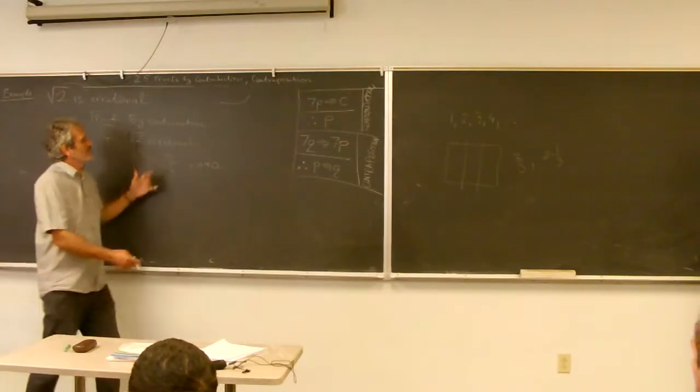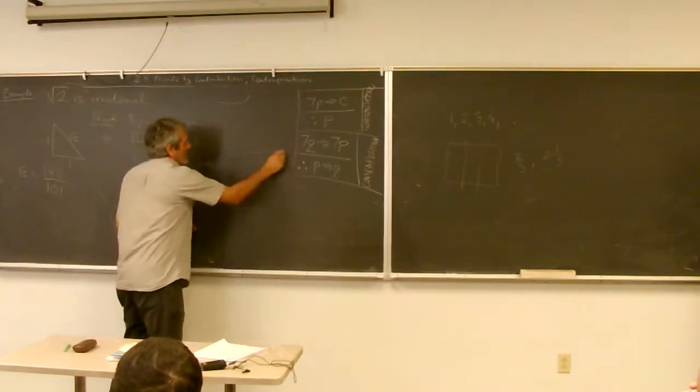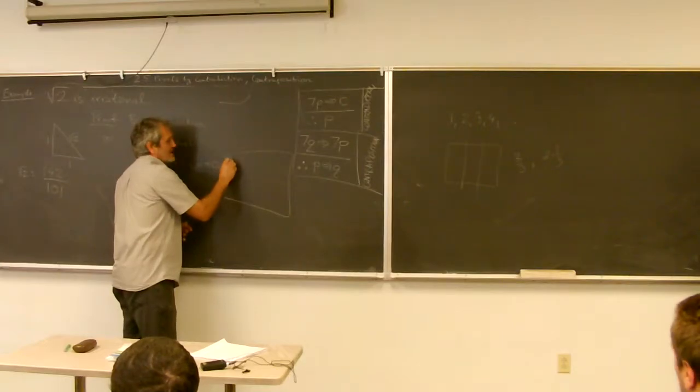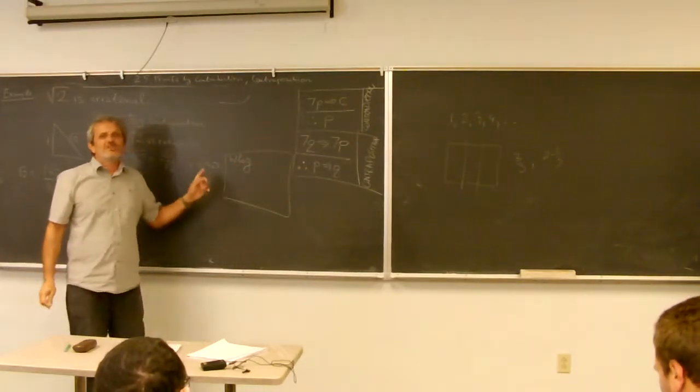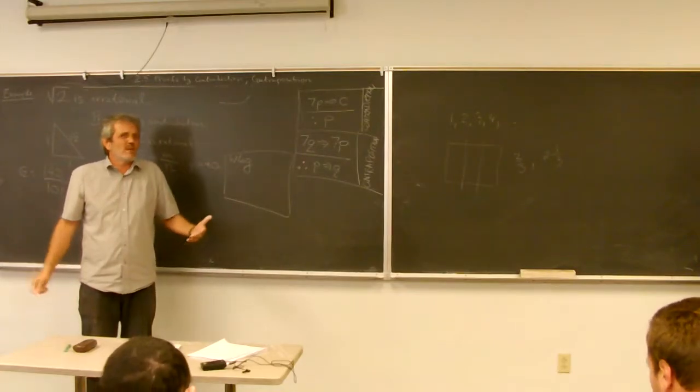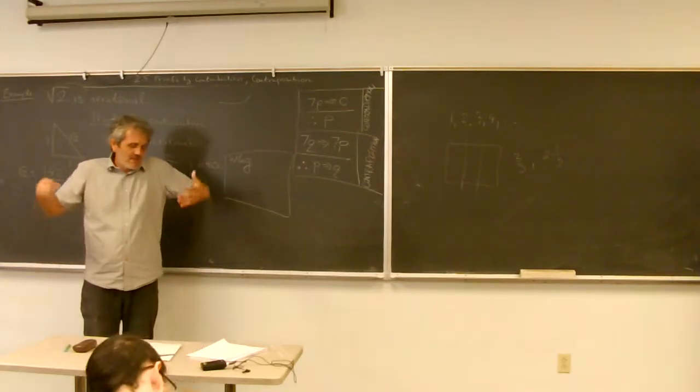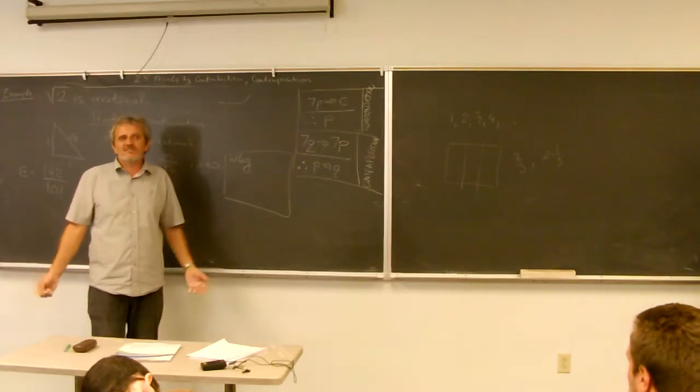So generally I can assume, and this is crucial, and in math we say WLOG, which stands for without loss of generality. I'm not assuming anything special. This has to be true. That's why I'm assuming it.